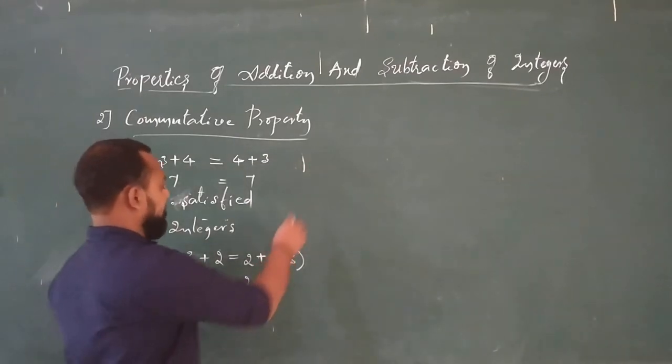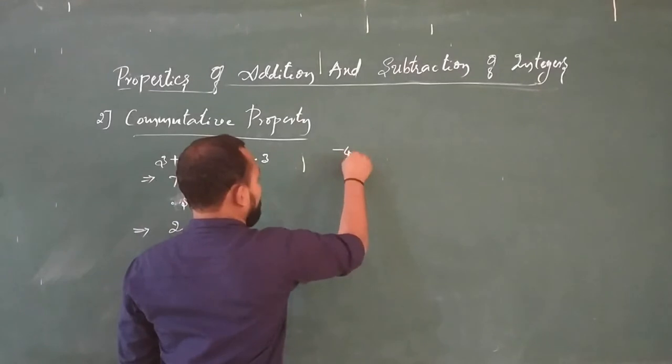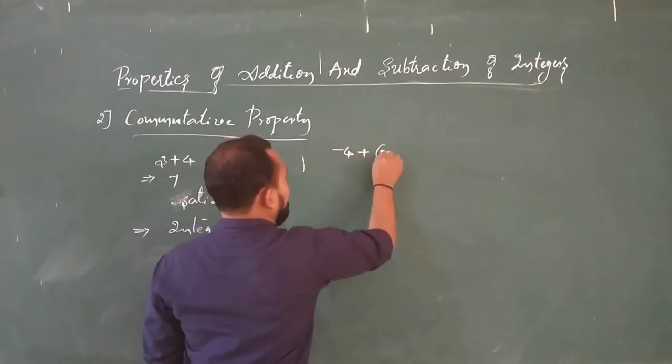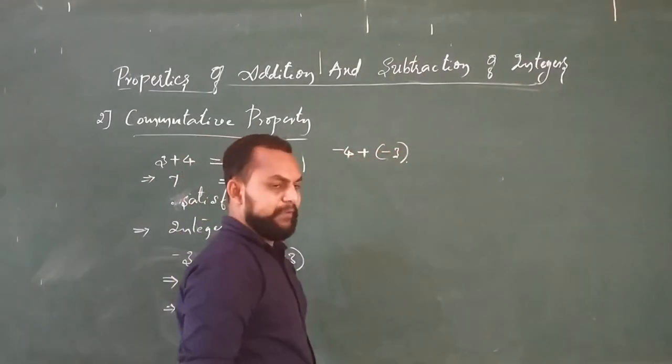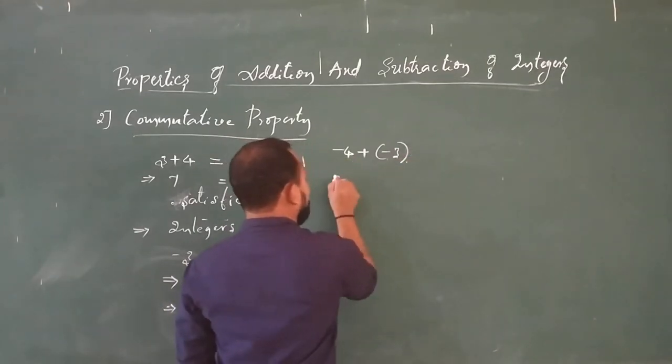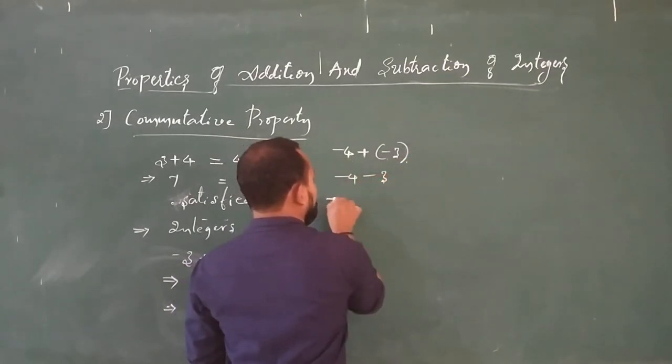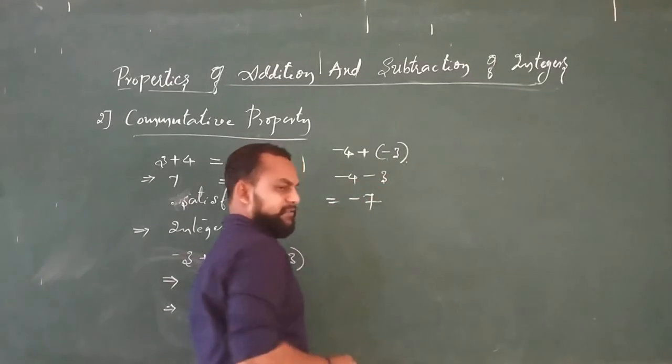Take another example. Here minus 4 plus minus 3. Minus 4 minus 3 is minus 7.